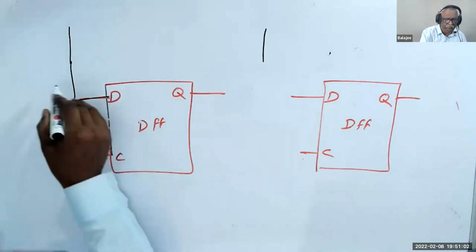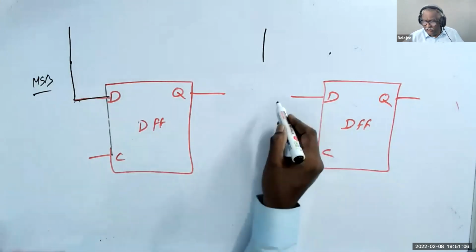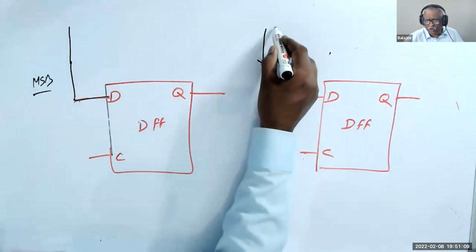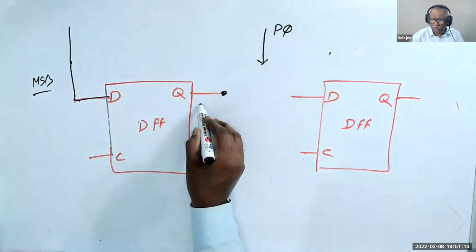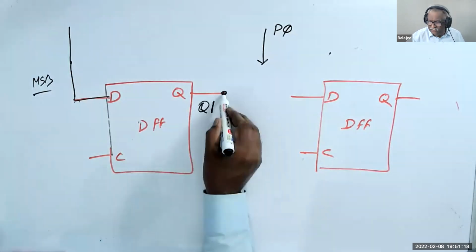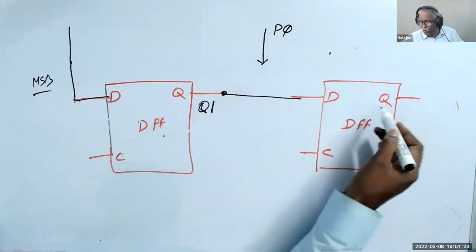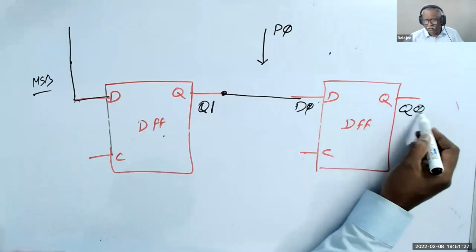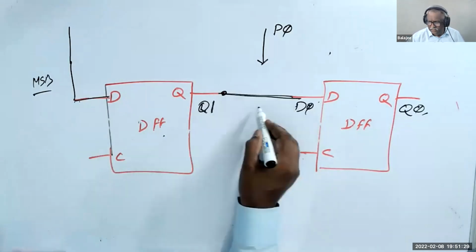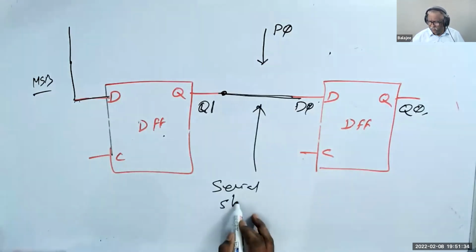It's the first one, MSB. But this one has two inputs. Let's say this is called the parallel input and this is called the serial input. D1, Q1. Now, if you connect like this, that is called a shift register. Q1 goes to D0, and this goes to Q0. If you connect like this, it is called serial shift.